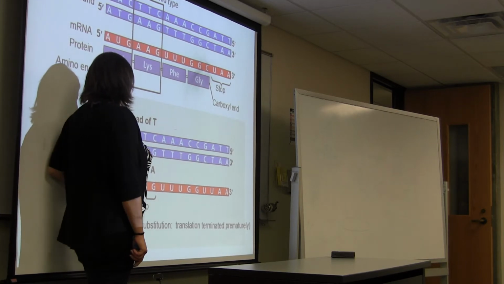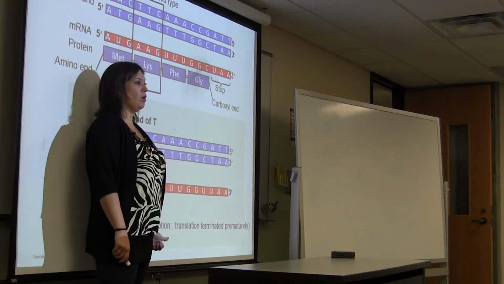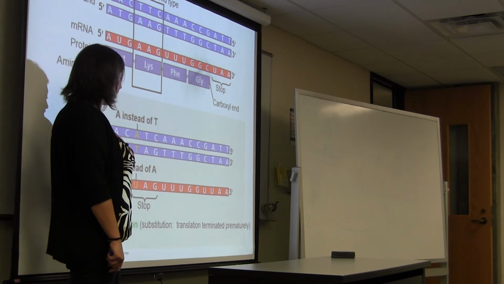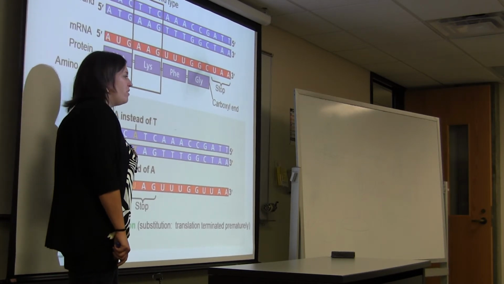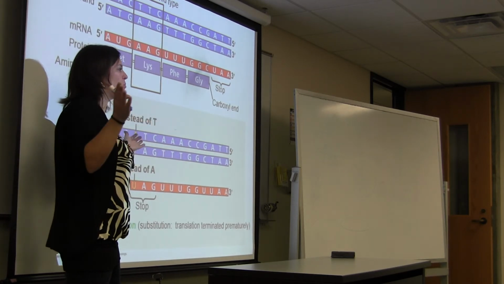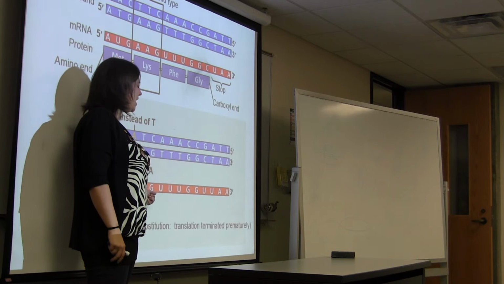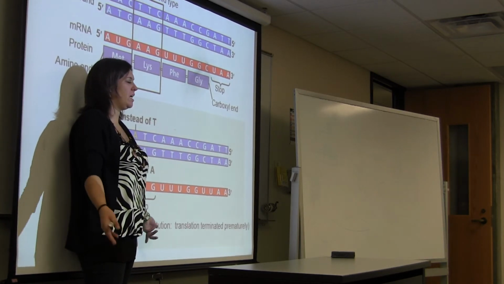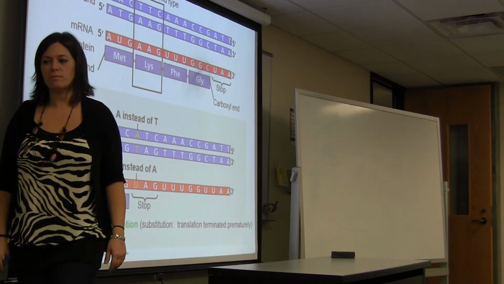So you've now made a protein that only has a start, that only has a methionine. I can guarantee you this protein is not going to be functional, because you need the whole length of the protein for it to fold and work properly. If you accidentally make an early stop codon, that's going to cut your protein off early, so again, it's going to be non-functional.